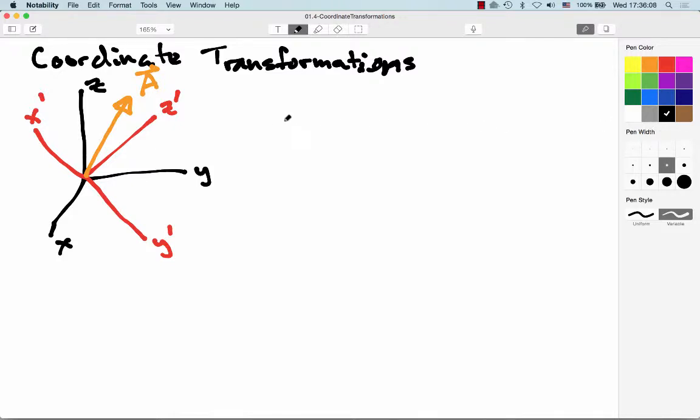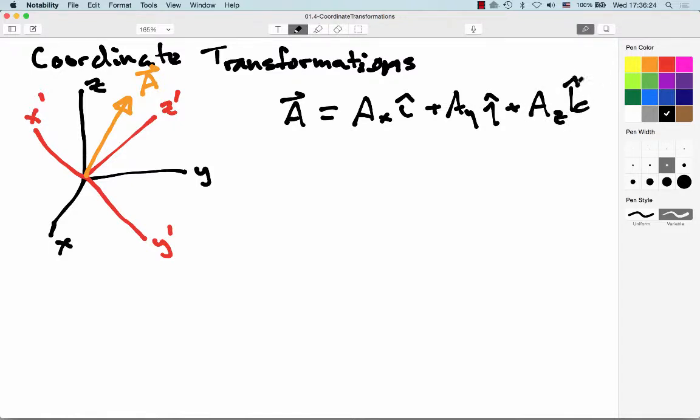So I could choose to represent my vector A in the unprimed coordinate system as some x component i hat plus some y component j hat plus some z component k hat. And we would get those by projecting the vector against, say, the z-axis here, so that would be the z component, projecting it down to the y-axis. Oops, keep projecting down.